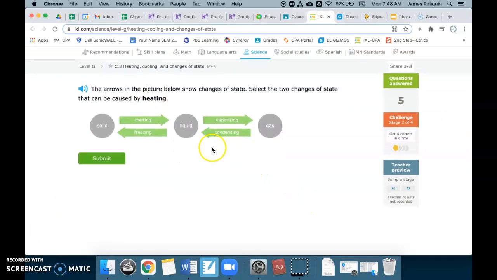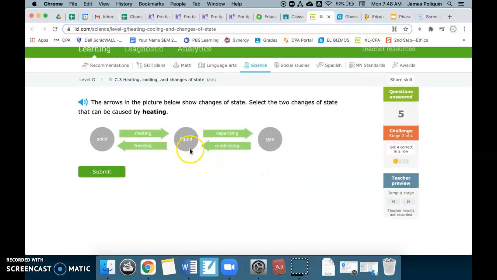In the second stage, it's just like the first, except now we have all three phases of matter in, and we have those changes of matter labeled by our arrows. So you have to click 2 changes of state that are caused by heating.